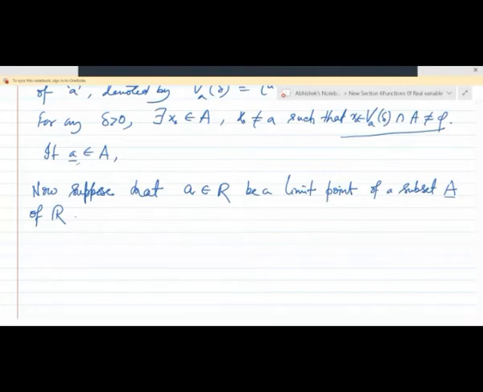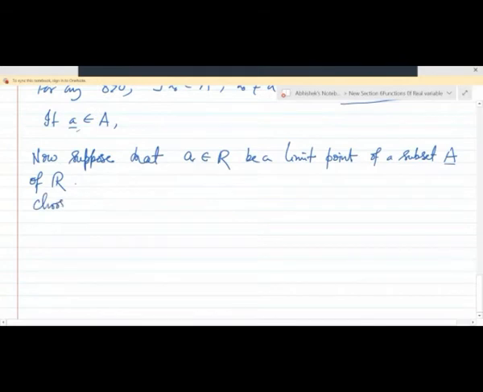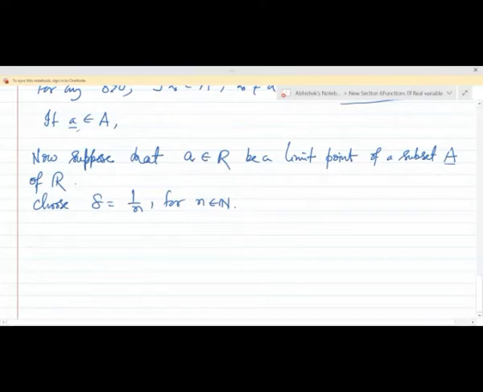Now in particular choose delta equal to 1 by n for n belongs to natural number set. You can choose any delta, so in particular you are choosing these deltas. Then what do you have?